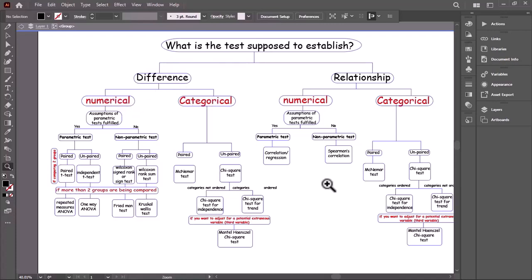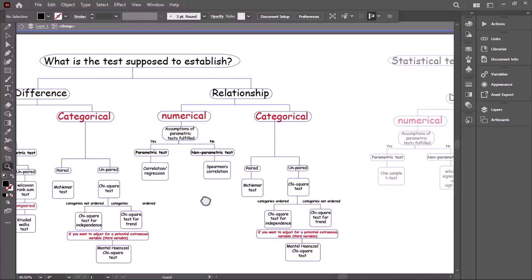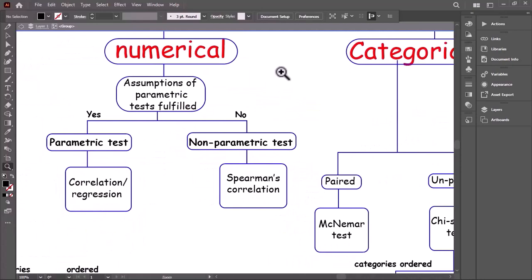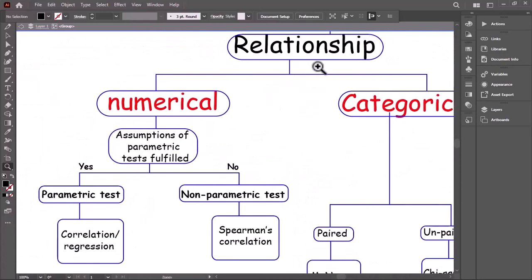Let's now turn to what if our aim was to establish a relationship. If our question is to establish a relationship, using our earlier example of age versus weight gain, where both are numerical, we check for the assumptions of using parametric tests. If they are fulfilled, we use a parametric test, and in this case it will be a correlation analysis, a correlation using Pearson's correlation coefficient, or regression.